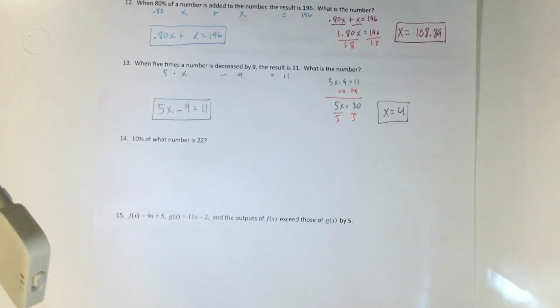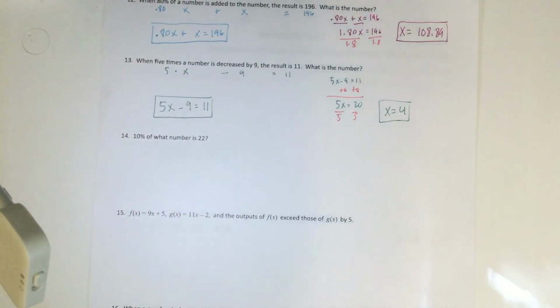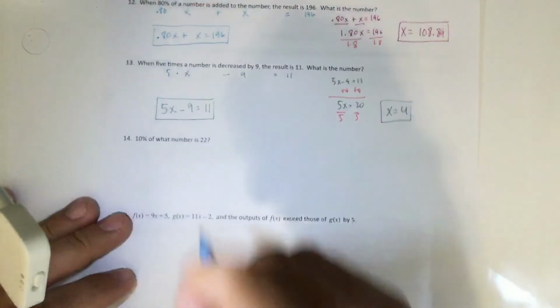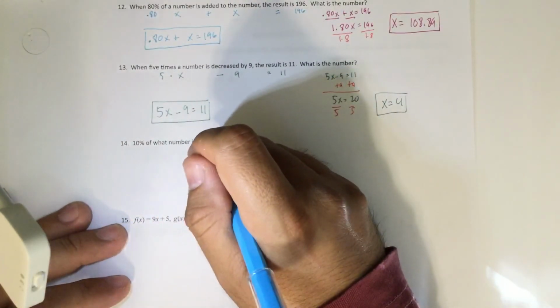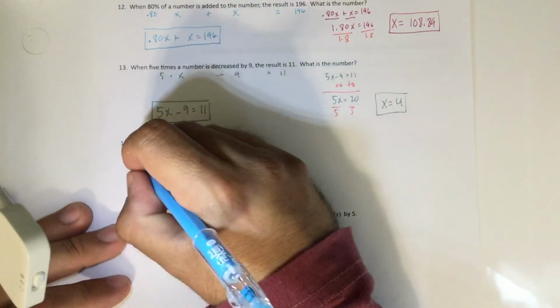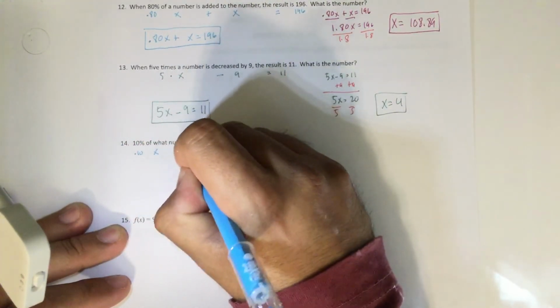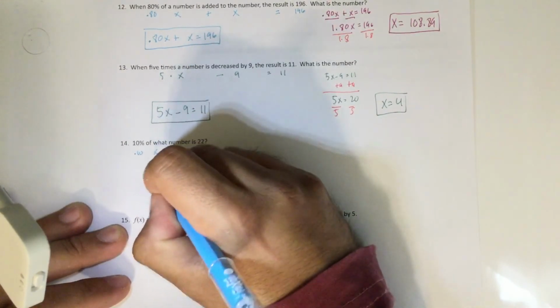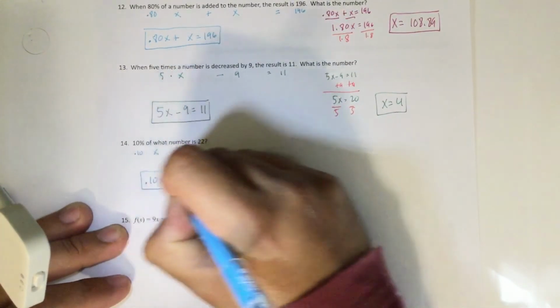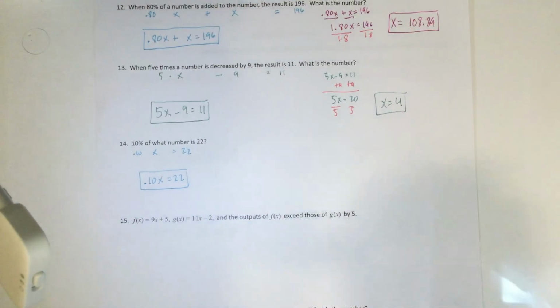All right, let's take a look at the next one, number 14. 10% of what number is 22? So 10% is 0.10, of what number x, is 22. So my equation is 0.10x equals 22. And we're going to solve this right here.